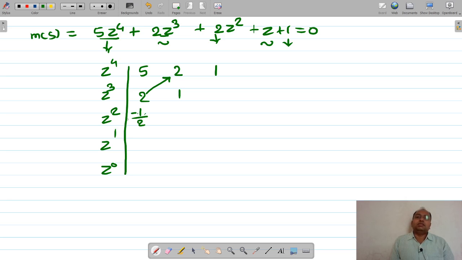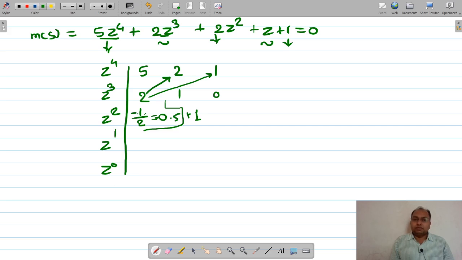Sorry, yes, so minus 0.5 is the value here. Then let us compute the next value, b1. This multiplied with 1, this multiplied with 0, and divided by 2 again. So this value is coming as plus 1.